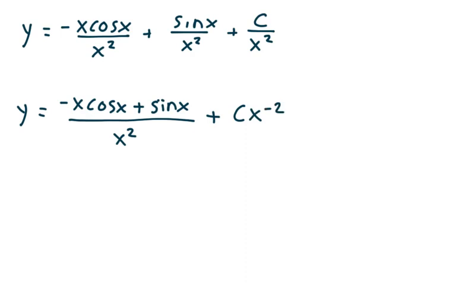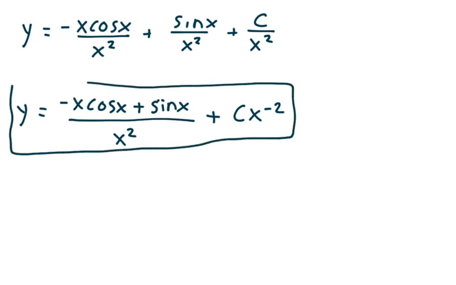Or they might have you just write the sum of the numerators all divided by x squared. But it's one thing you would want to check with your instructor as far as how your instructor wants you to write the solution to this differential equation. So I will leave that in this form. But again, it's something you would want to check with your instructor on.